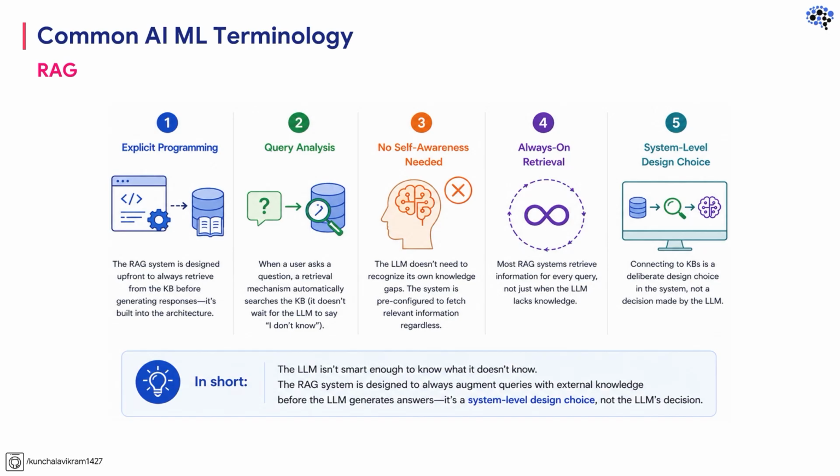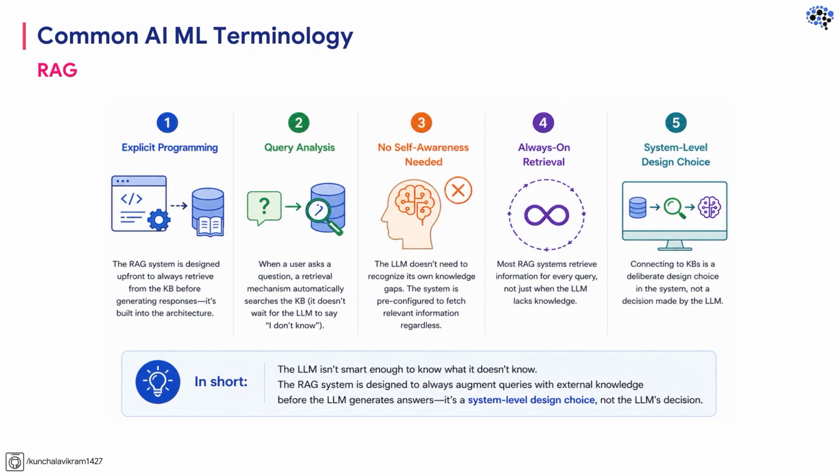The RAG system is designed upfront to always retrieve the information from the knowledge base. So even before the user query reaches the LLM, through explicit programming or through some frameworks, we always use the RAG technique. That is, we always retrieve the data from the knowledge bases before generating the response.